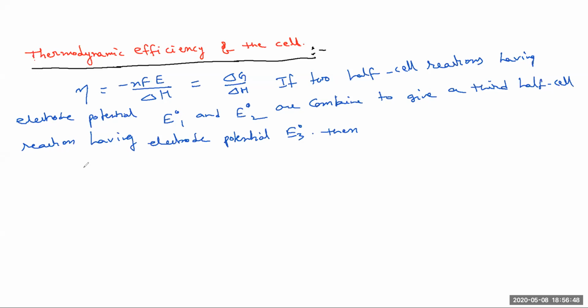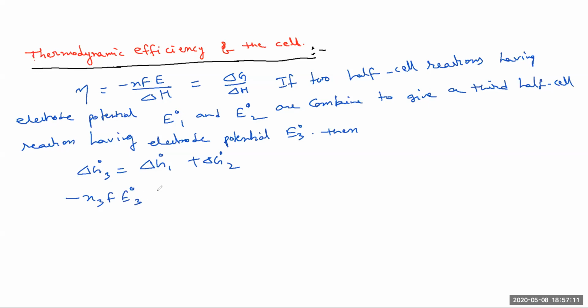Therefore, what is the relation here? Delta G03 is equal to delta G01 plus delta G02. What does that mean? Here n3 F E03.